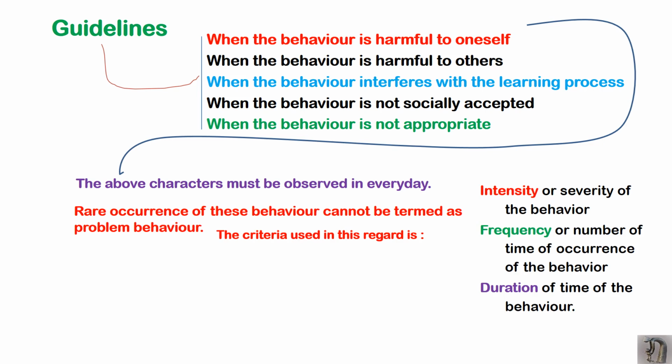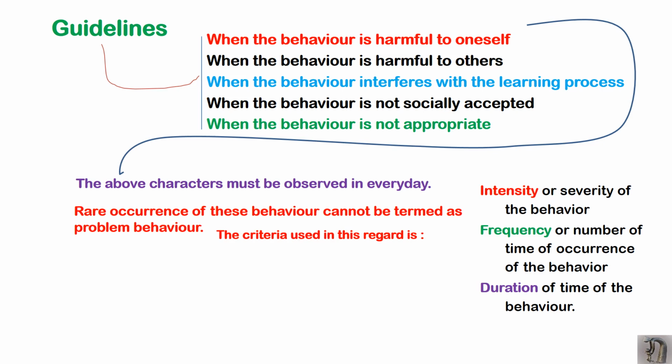Intensity means severity of the behavior. If it is flapping the hands, or banging the head, what kind of severity is this? When he bangs the head, it's very severe, like it is destroyed. Or he's spitting on others, it's very severe spitting. Whomever he sees, he spits.